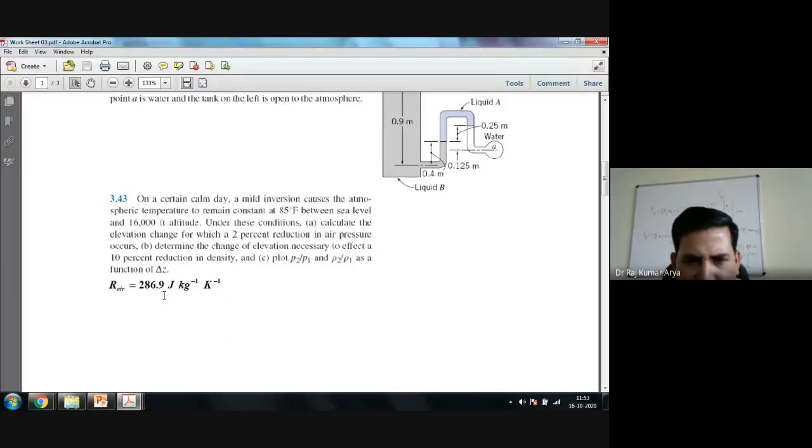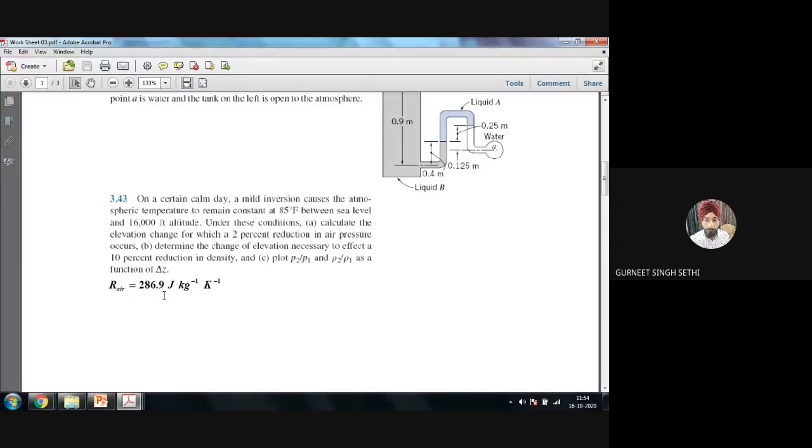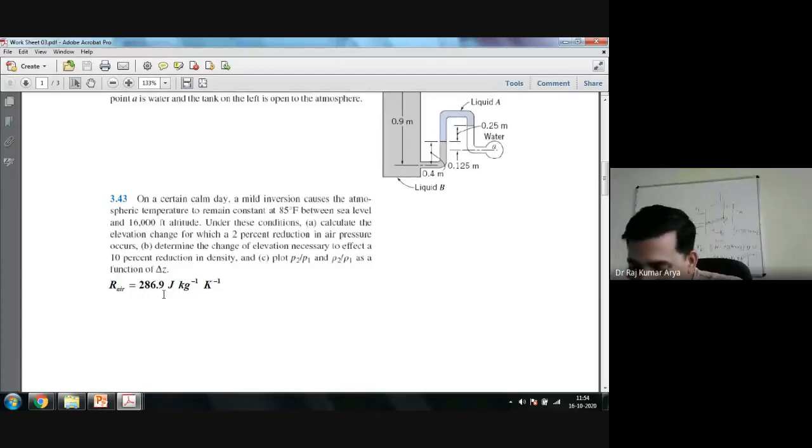So were you present in the class the time we talked about the effect of elevation on pressure and density? Sir, basically, I am not able to know how to approach the question, ma'am. हाँ हाँ, वही तो बात कर रहा हूँ मैं भी.